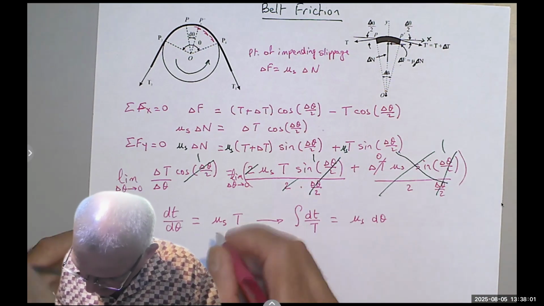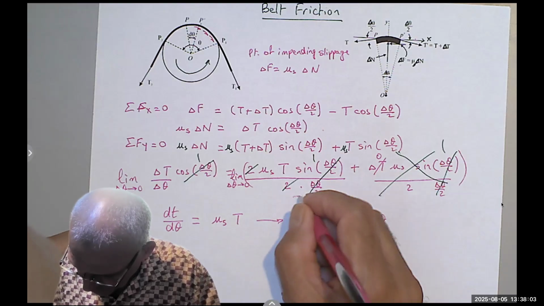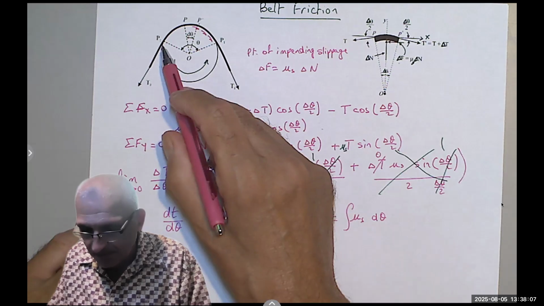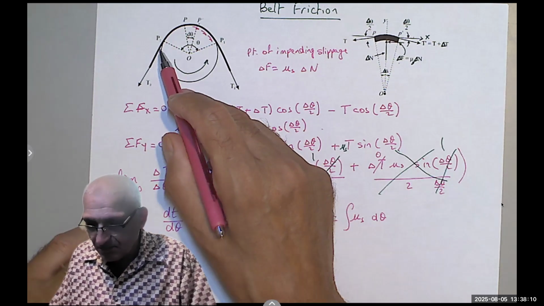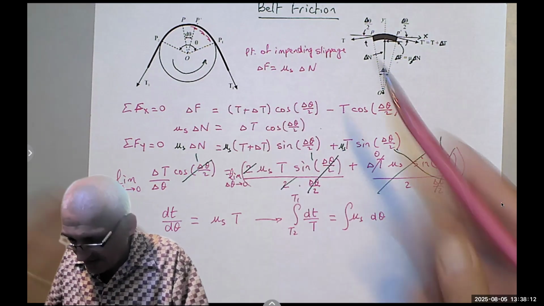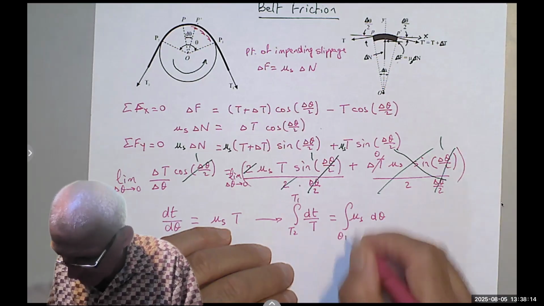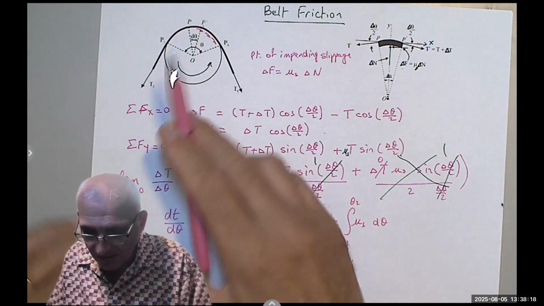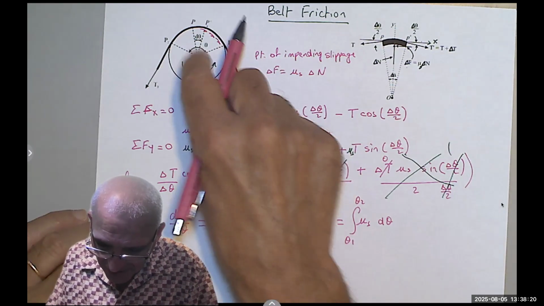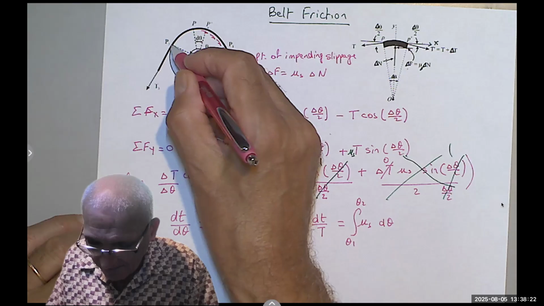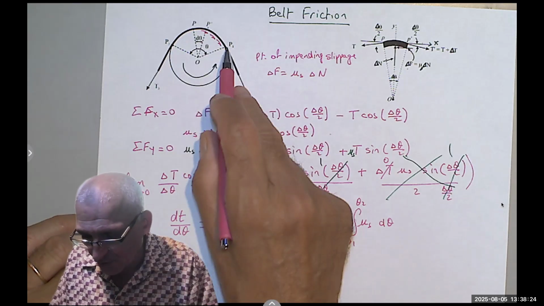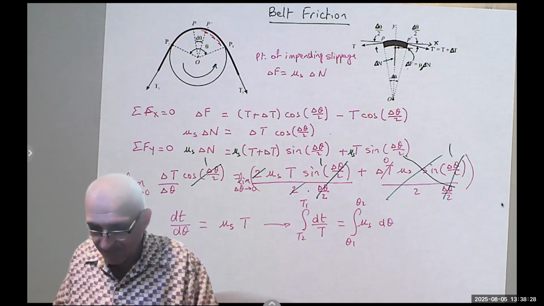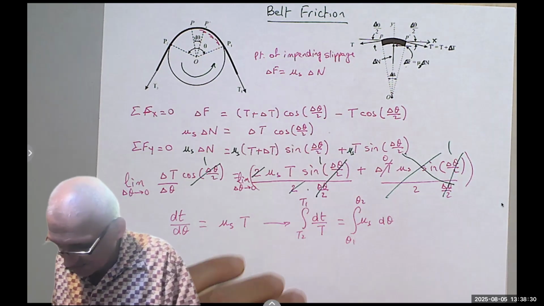So this integral is from T2 to T1, and theta goes from whatever angle it is, so theta 1, from here to here, and goes all the way to here where there is the tangent, that would be theta 2.